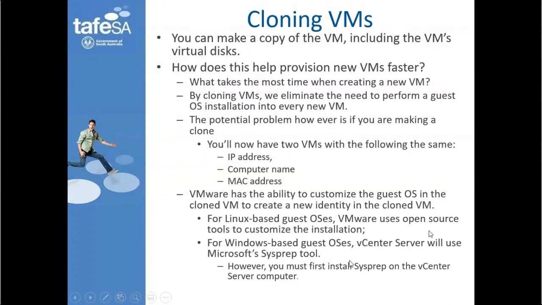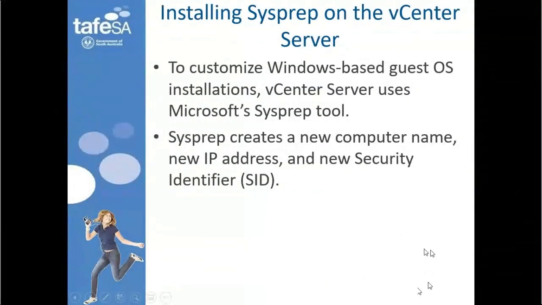For Windows-based guest OSs, vCenter will use the Microsoft sysprep tool. But you must first install sysprep onto the vCenter server if it's a Windows-based one. For us, we don't have a Windows-based one, so we're going to be using it in our tool anyway.